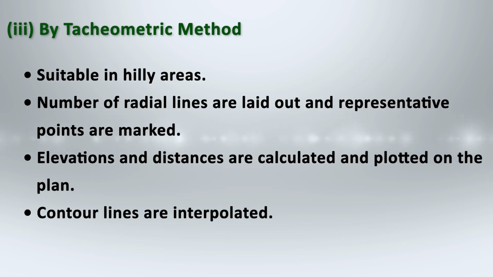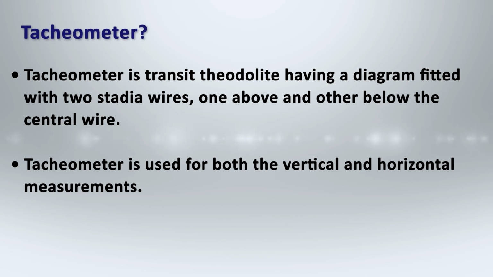A number of radial lines are laid down at a known angular interval and representative points are marked by pegs along these radial lines. Their elevations and distances are then calculated and plotted on the plan and the contour lines are then interpolated. Here one question arises: what is a tachometer?